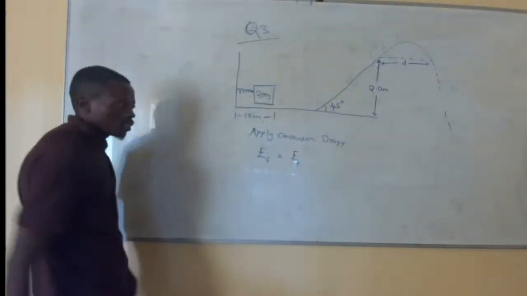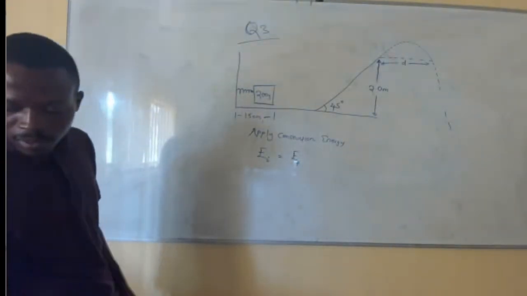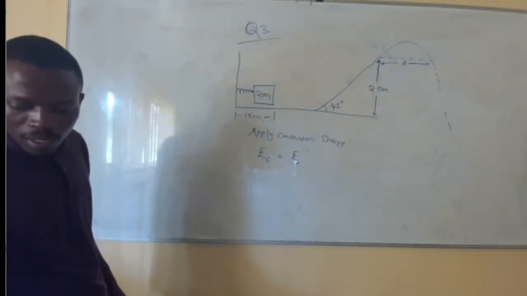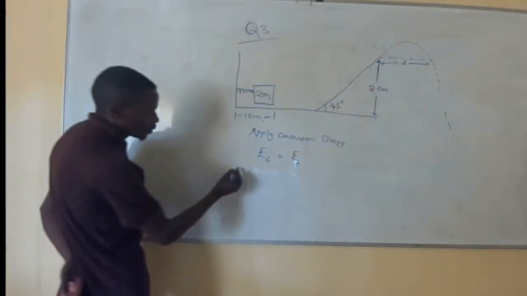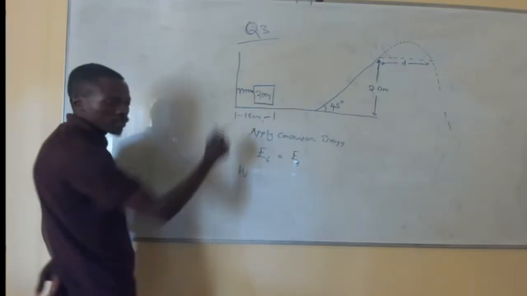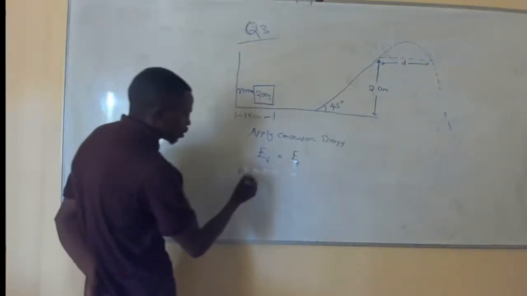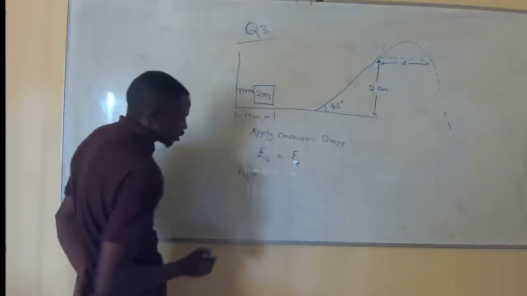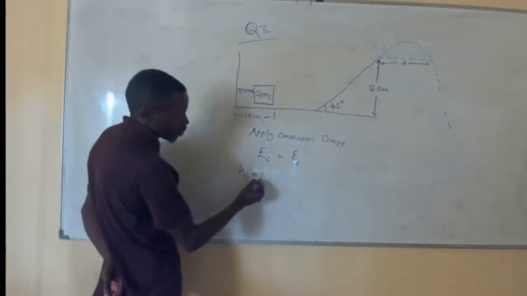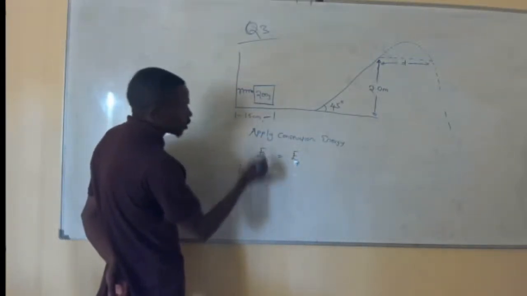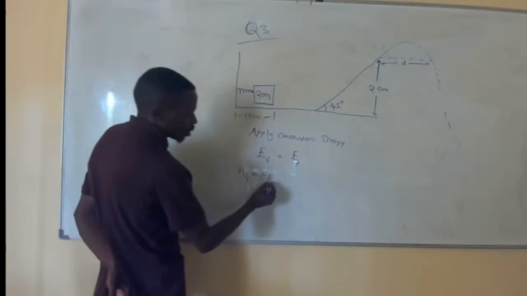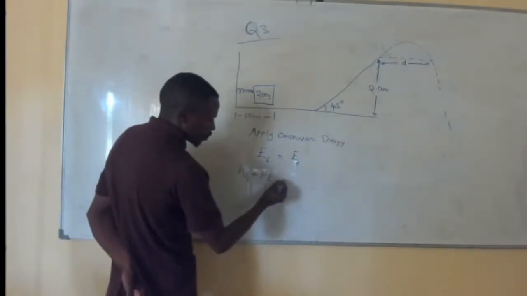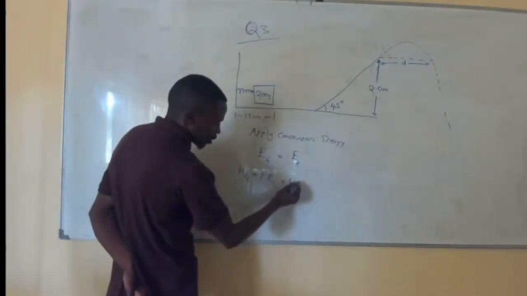The initial total energy is the work done in compressing the block, plus the potential energy, plus the kinetic energy.